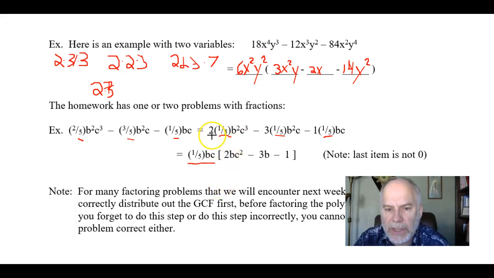And so you'll just have 2b to the first, c squared, and then minus 3, and then a 1b left over after you pull a b and a c out, and then minus 1. So you wouldn't end up with 0, you'd end up with a minus 1 that we have remaining after these are all crossed out.